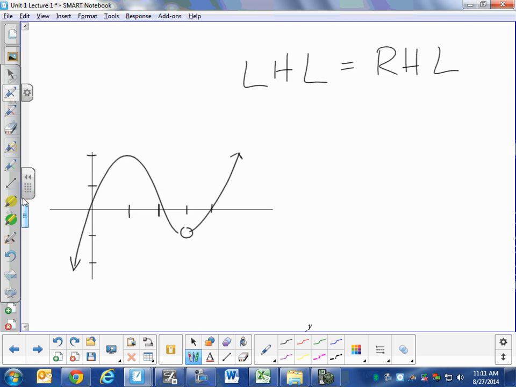So going back to this example, we can look at the one-sided limit at 3. From the left, I look at my function values. My function values are approaching -1. Let's look at from the right.